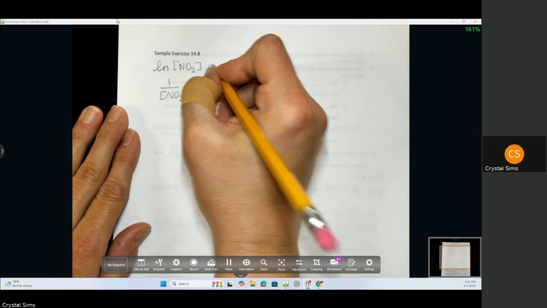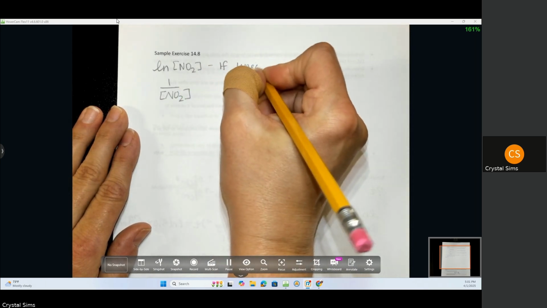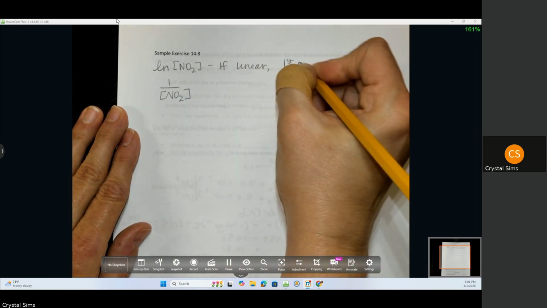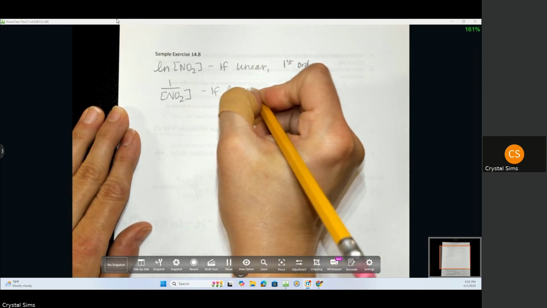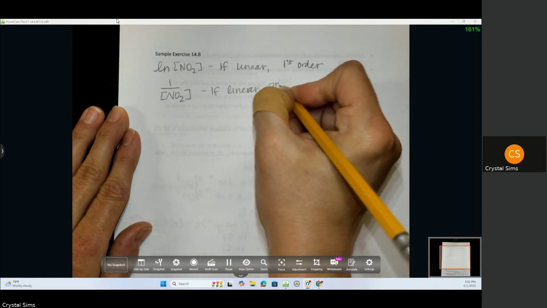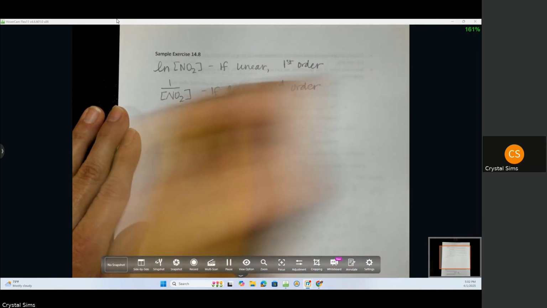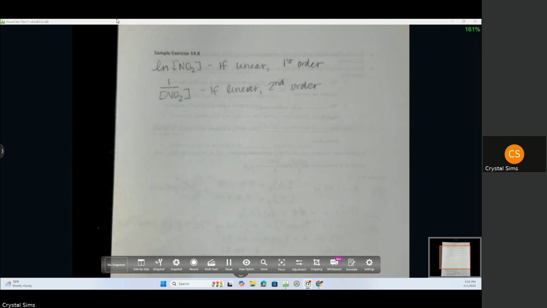So if this is linear, then it's first order. And if this one is linear, then it's second order. Okay, so we're going to have to determine some points on our graph and draw it out.